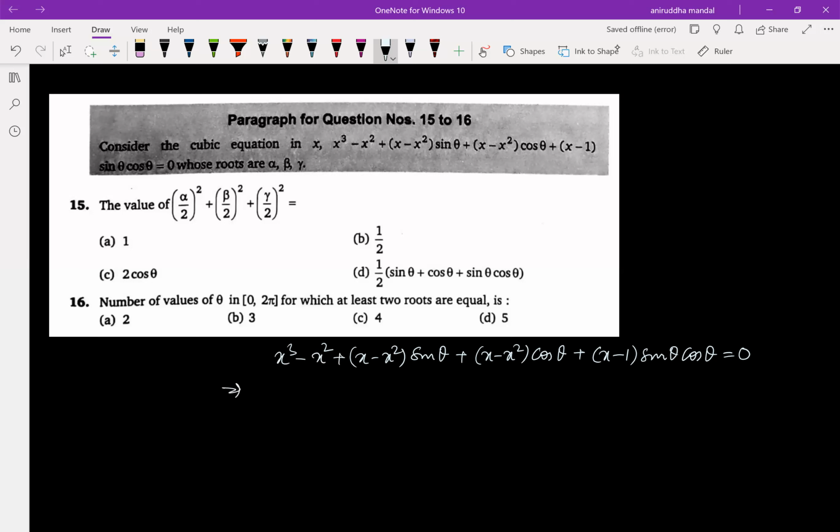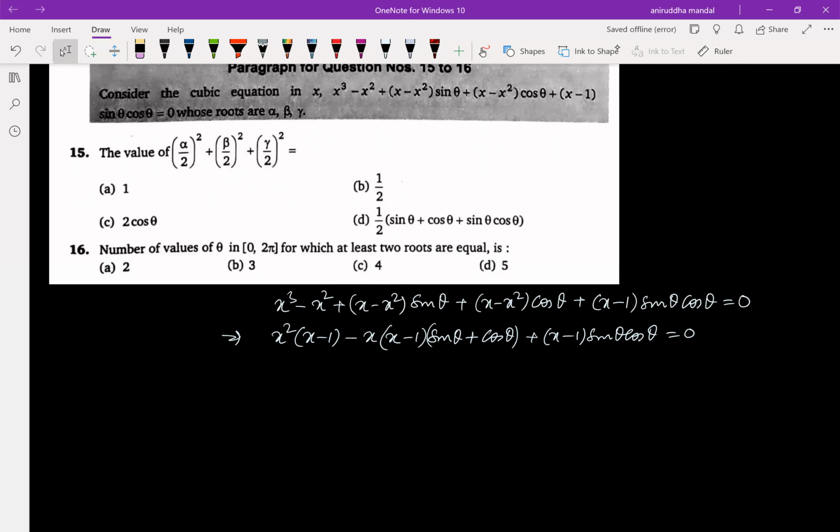So let's solve it. So we take x square common, so we have x minus 1. Now again we take minus x common, so we will get x minus 1 sine theta plus cos theta from similar expression. Okay, so last is x minus 1 sine theta cos theta. Okay, so taking x minus 1 common from the complete expression, so we'll get x square minus x sine theta plus cos theta, and this is sine theta cos theta.